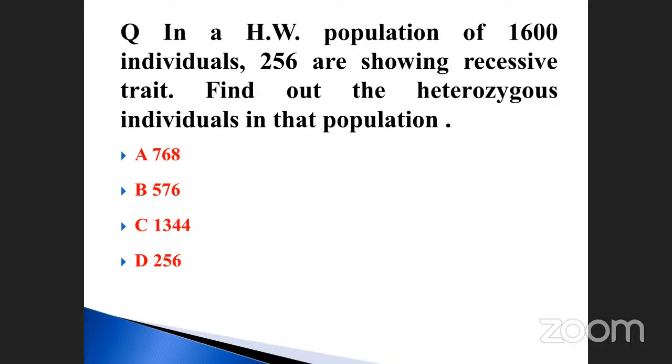What is the meaning of recessive? Recessive is denoted as small a, otherwise called Q squared, which is given here. You have to find out the heterozygous condition. Which one do we have to find out? 2PQ you are going to find out.